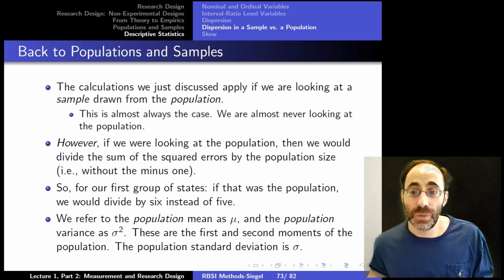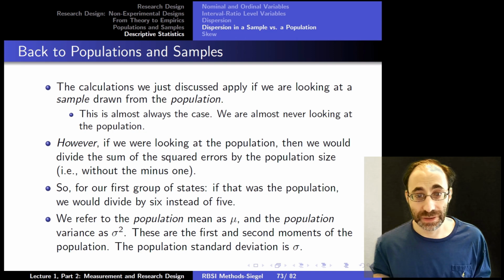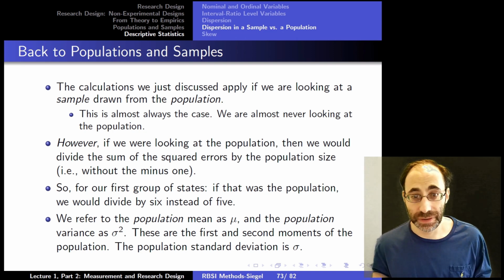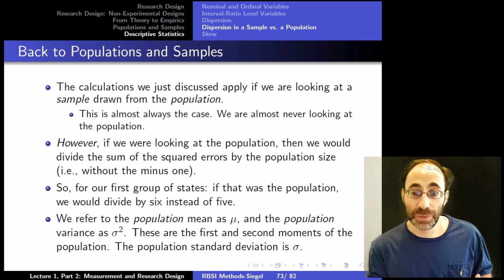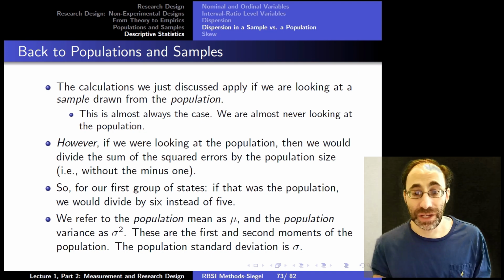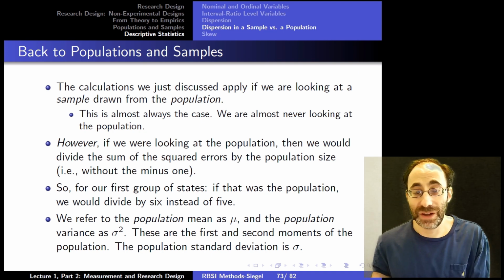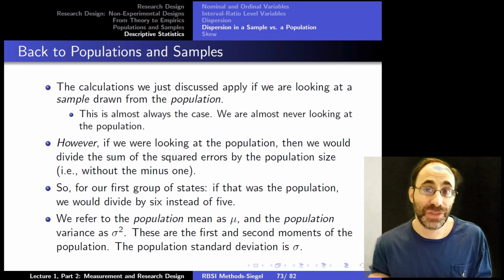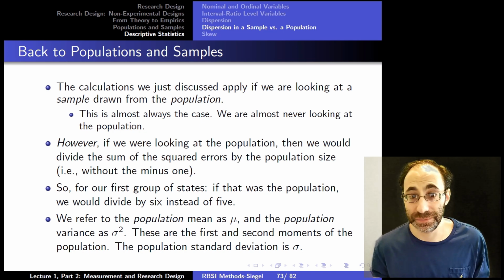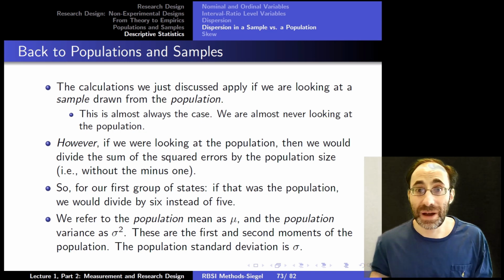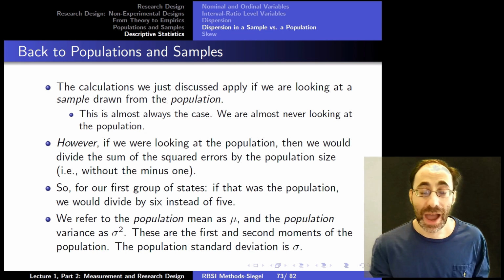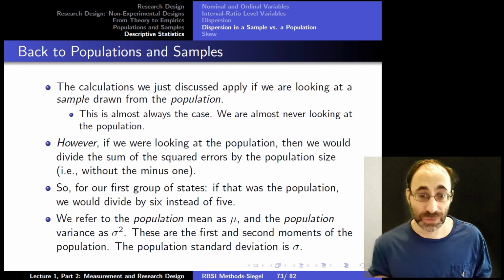When we do that, we're going to want to divide the sum of squared errors by the population size, without the minus 1. So for our first group of states, if the population is 6, we would divide by 6 instead of 5 if those 6 happen to be the entire population. We refer to the population mean as mu and the population variance as sigma squared.